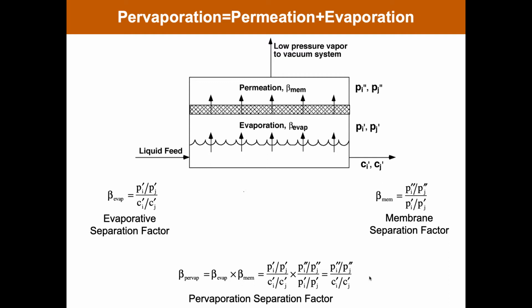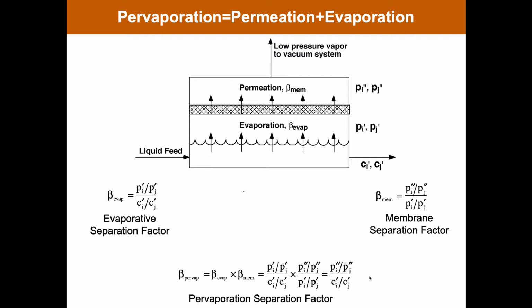The analysis, at least to the first approximation, is that we can view pervaporation as being a permeation plus evaporation step, and we can actually analyze the transport in that fashion by analyzing the liquid vapor equilibrium that gives rise to the evaporation, and that gives a selectivity for evaporation that can be defined based on the partial pressures of each of the components in the gas phase divided by the concentration of the components in the liquid phase.